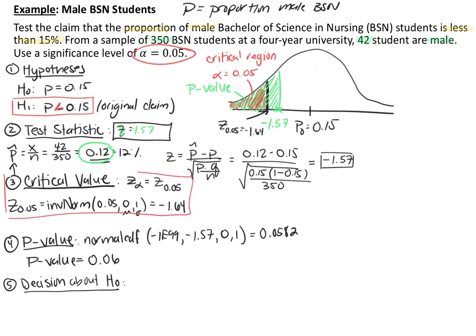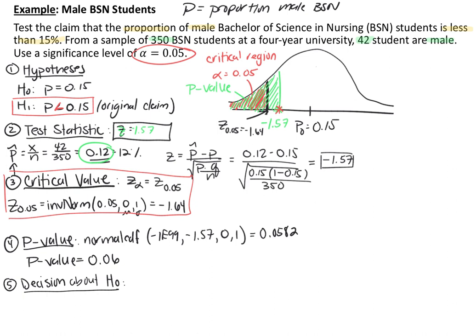The critical value method says if my test statistic falls in the critical region, then I would reject the null hypothesis. But in this example, notice that our test statistic, which is negative 1.57, does not fall in the critical region. So if you're using the critical value method, we would fail to reject the null hypothesis.